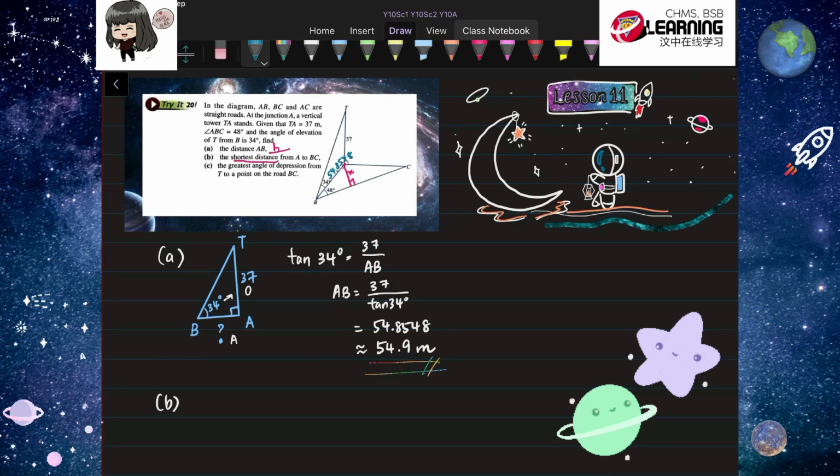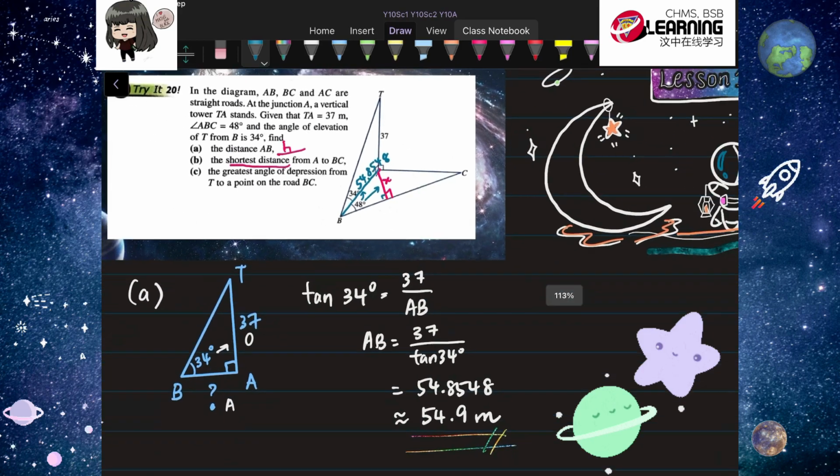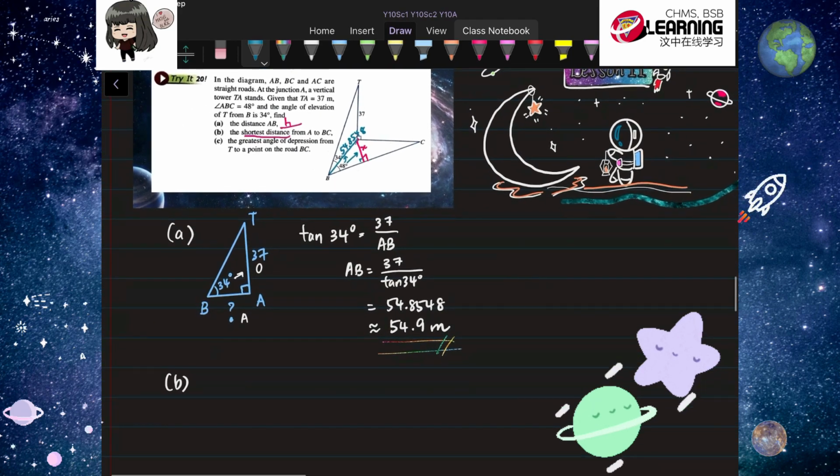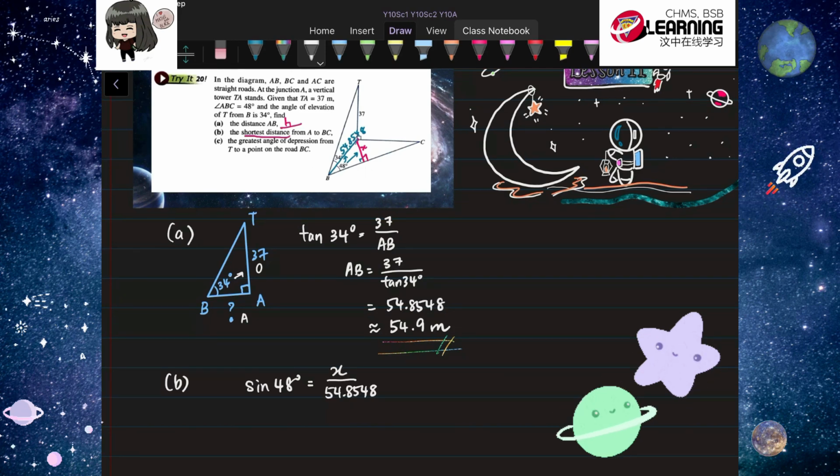AB just now was 54.8548. I'm going to zoom here. This length we already have, so we have the opposite. This is our hypotenuse because this is 90 degrees, right? So we can use SOH. Sine 48 equals x over 54.8548.